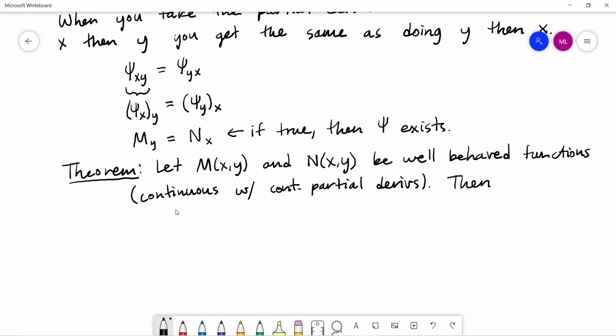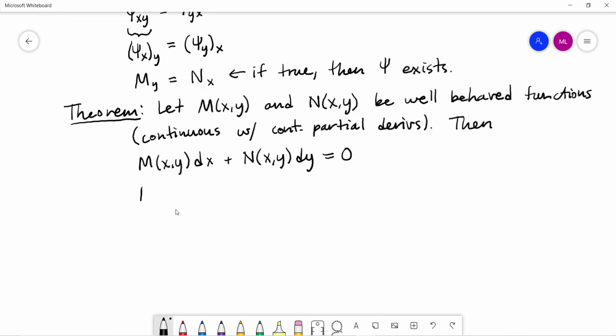Then M of x, y times dx plus N of x, y times dy equals 0. Or alternatively, let me write it the way that I normally will write them and that I think is more common. So again, taking that same equation and dividing by dx, you get M plus N dy over dx equals 0. These two equations are interchangeable, same thing.